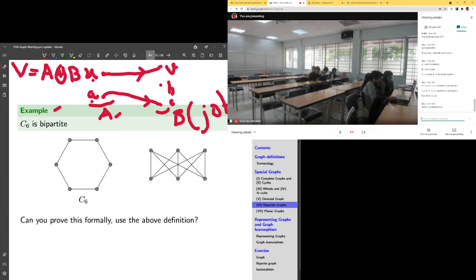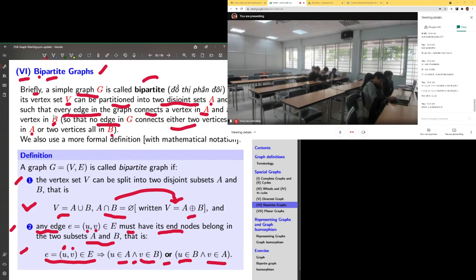I go back one slide to remind you about that before we move on. The important condition is from here, the second condition, okay? We do not allow the connection between vertices in the same part.